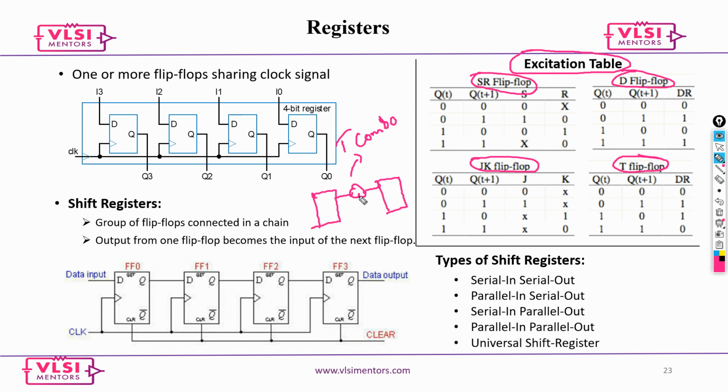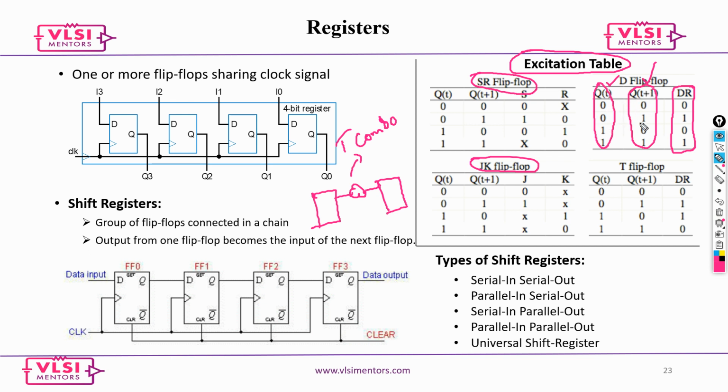Based on this excitation table, this is your current state, and this is going to be the next output, what you are expecting to come. This is supposed to be your input. So this is your current output state, and this is your next output state, what you are expecting after one clock pulse.